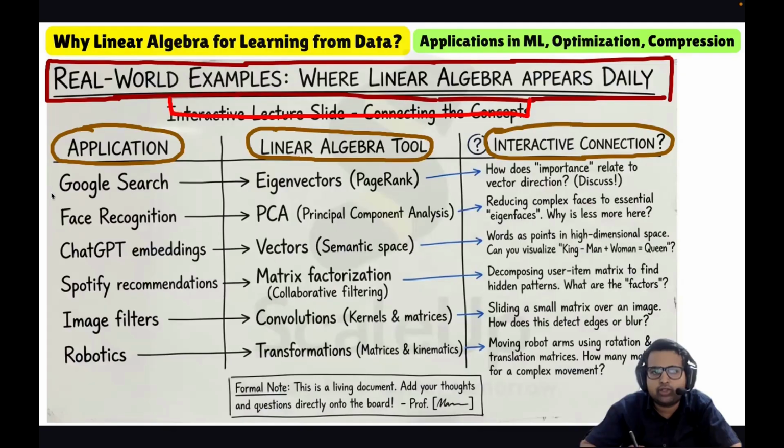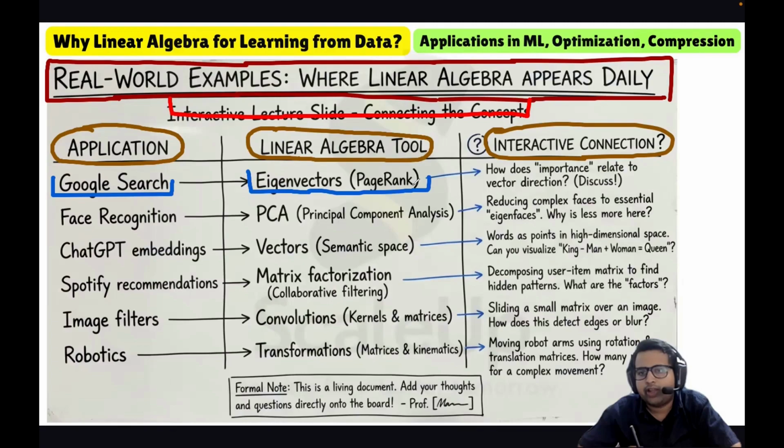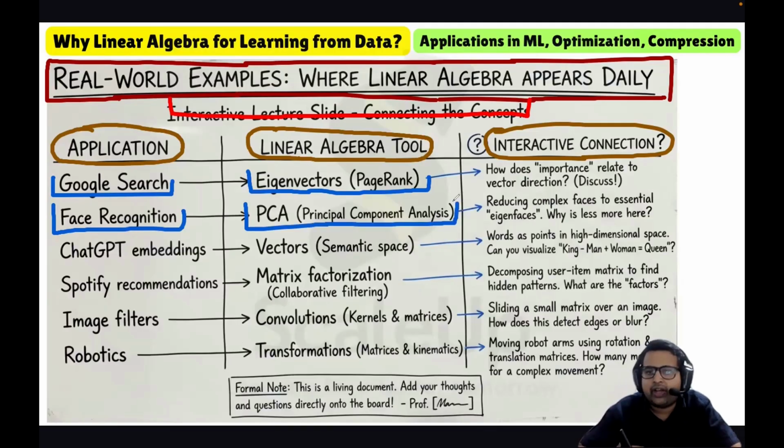Google search makes use of eigenvectors in its page ranking algorithm. So how does importance relate to vector direction? Now the application of face recognition: in face recognition, we make use of principal component analysis, wherein we reduce complex faces to essential eigenfaces.